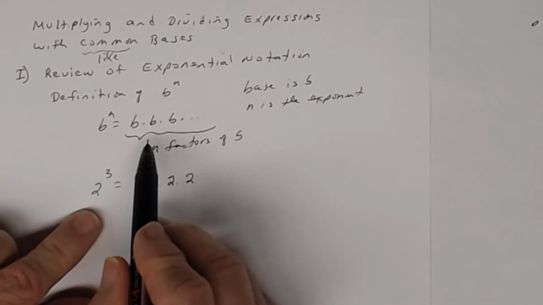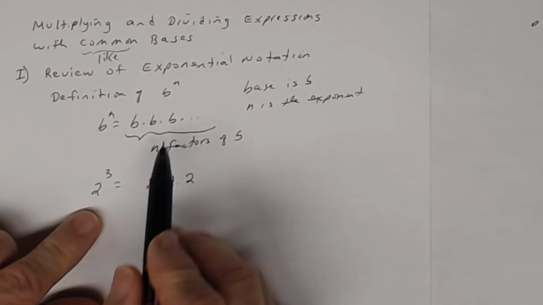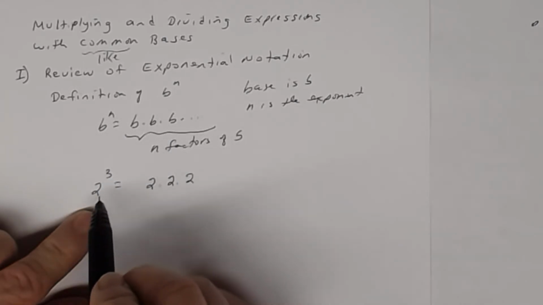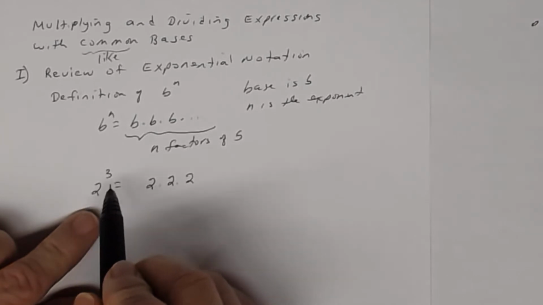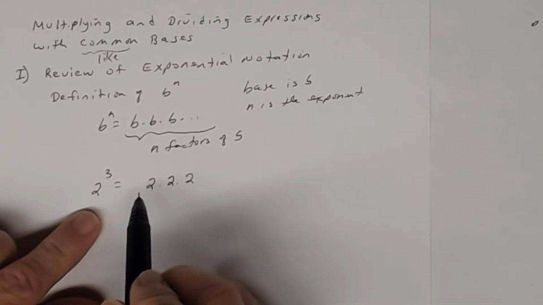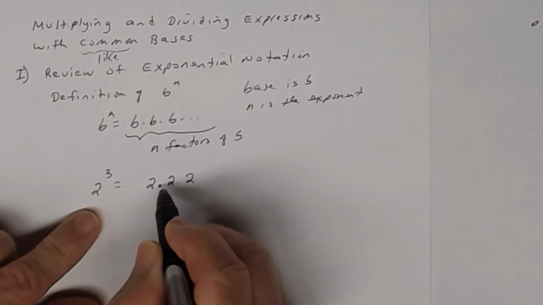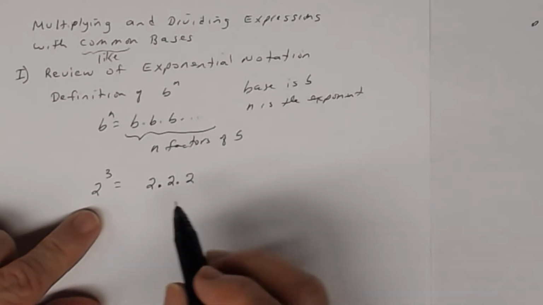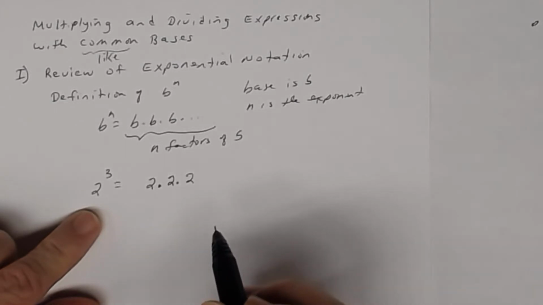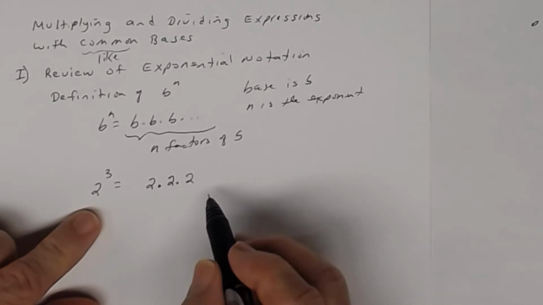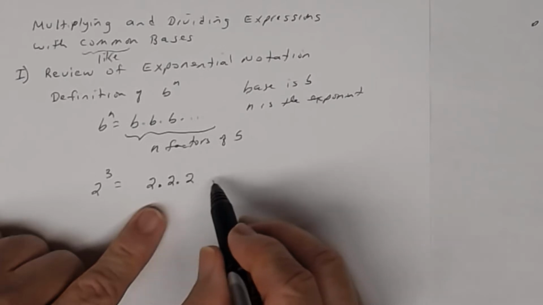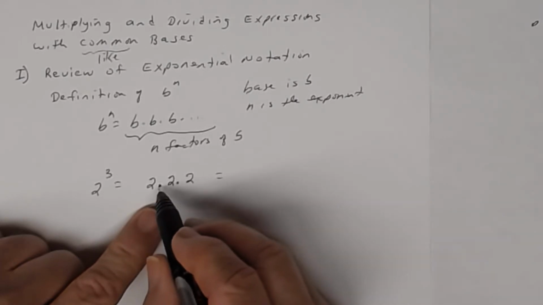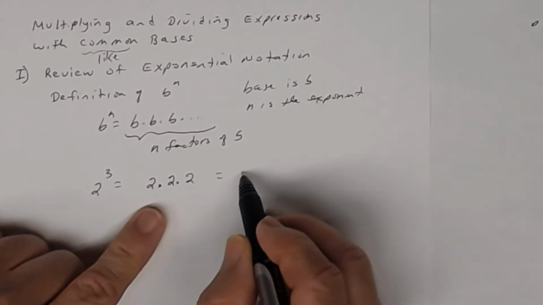So 2 to the third is 2 times 2 times 2. If you multiply that out, 2 times 2 is 4, and 4 times 2 is 8.